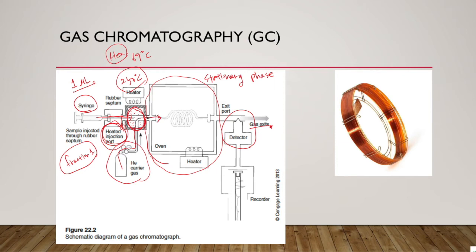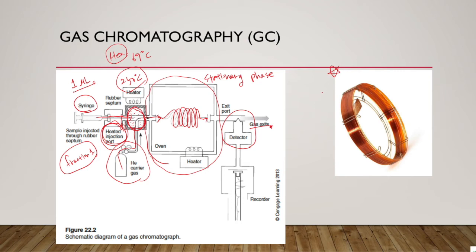the oven. And in the oven, I said this is a stationary phase. So in the oven, we have a coil, which is called a column. On the right side, this is a general picture of the column.